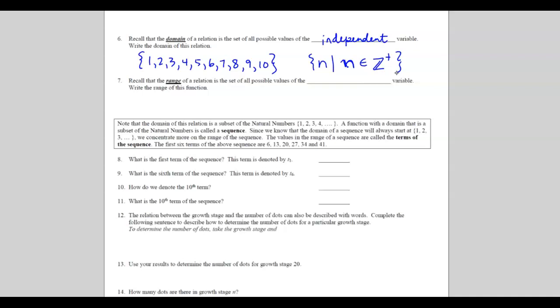Range of a relation is the set of all possible values of the dependent variable. Range then, well, we started out with 6, then added 7, that's 13, 20, 27, 34, 41, 48, 55, 62, and 69.